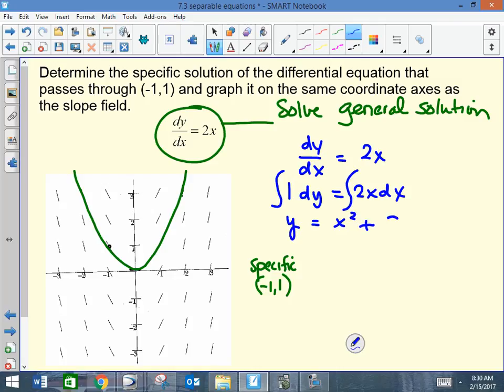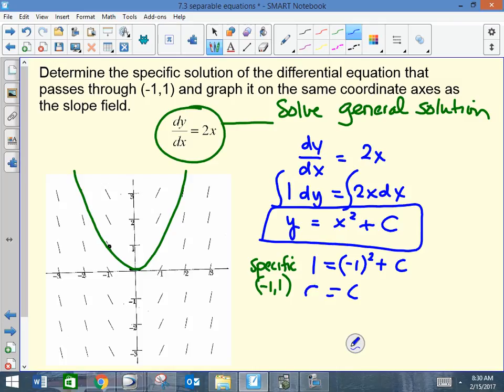Don't forget your c, because if you don't have your c, you don't have anywhere to plug in, and it just becomes weird. Now there's your general solution. It's already solved for y. Now you plug in your specific solution, get your c. C is 0. Specific solution is y equals x squared.